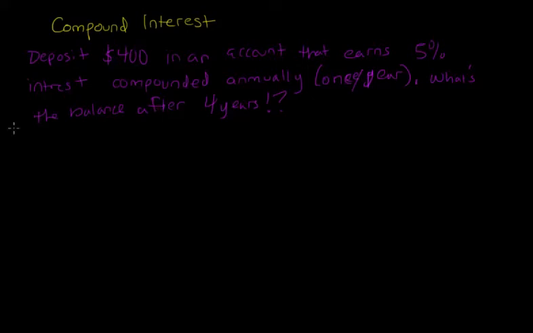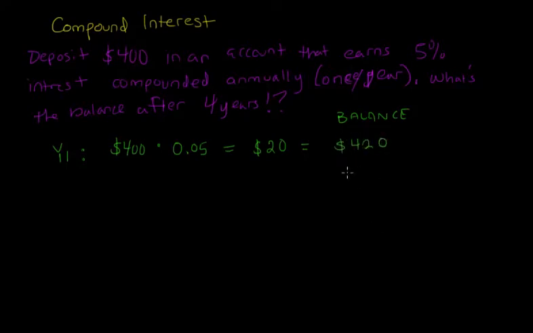So, starting at year one, Y1, you start with $400 and we're going to find 5% of that. That'll tell us our interest. Well, that's 20 bucks. So my balance, I'll label this column right here. This column is balance. My balance would be 420 bucks at the end of the first year.